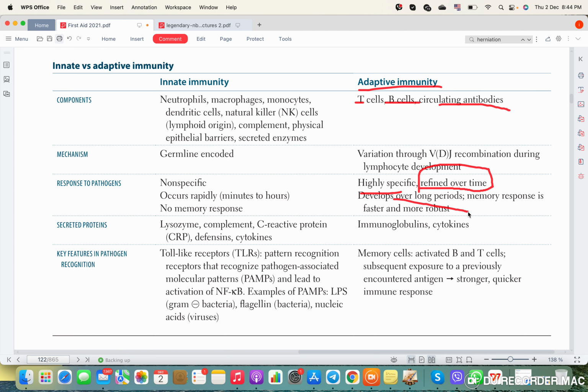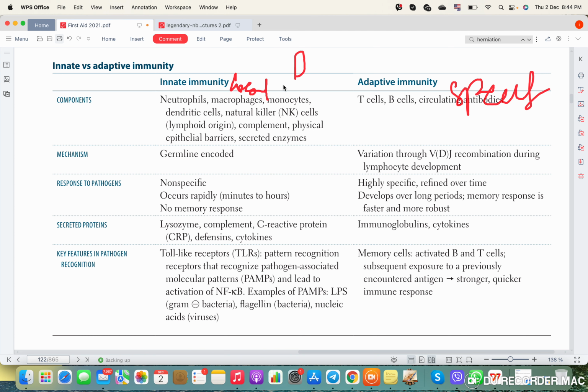It develops over a longer period of time, and the memory response is faster and more robust, which means, as I told you, they are your special forces versus your local police officer. Your local police officers are lazy, ate a lot of donuts, and don't do a lot. Your special forces know exactly who their enemy is, know exactly when they should start working, and they work as fast as needed.